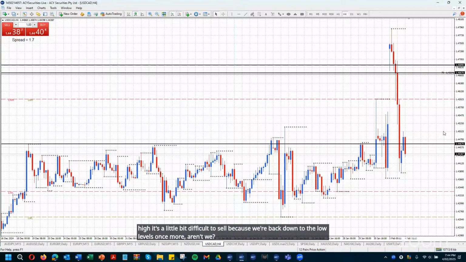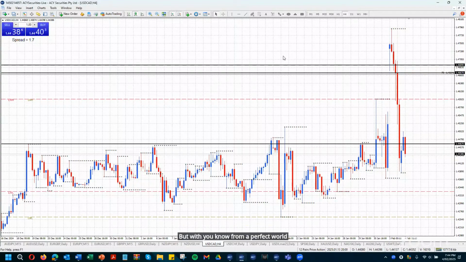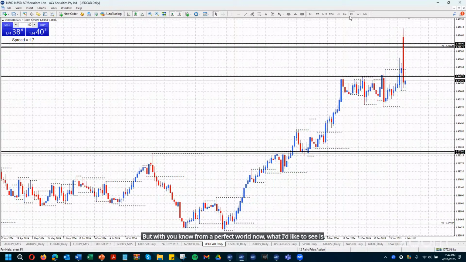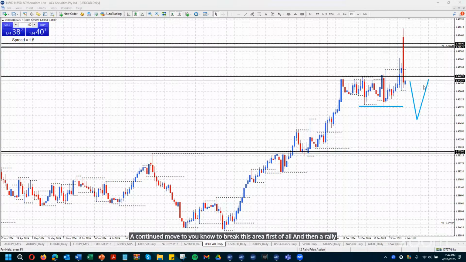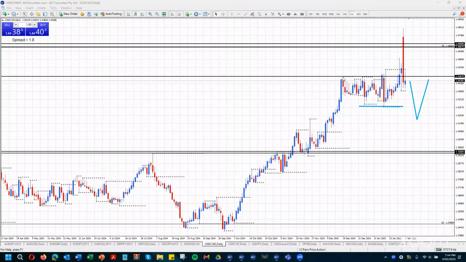But from a perfect world now, what I'd like to see is the daily a continued move to break this area first of all, and then a rally back close to this area, and then look in this area to get ready for a long-term short.